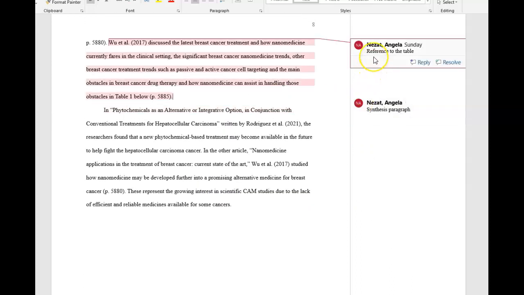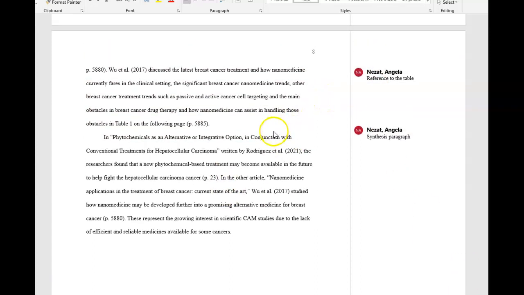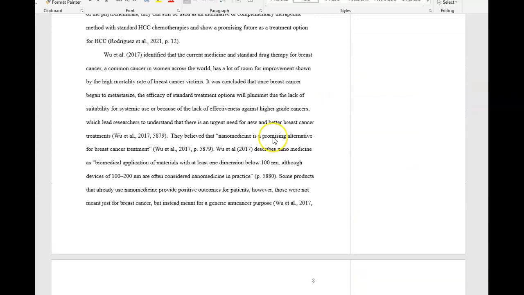So the student references this table here. So when the student is discussing this particular source, Wu et al. 2017, the student decides that this is where the student says, I'd like to include a table to demonstrate what I'm explaining in my summary.